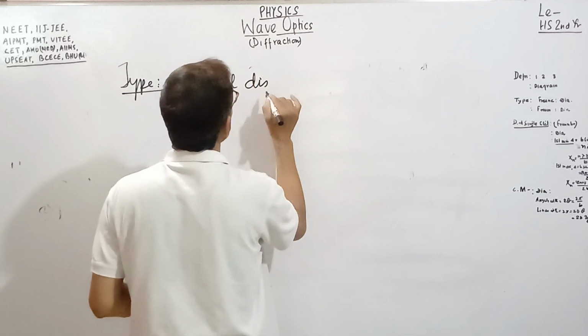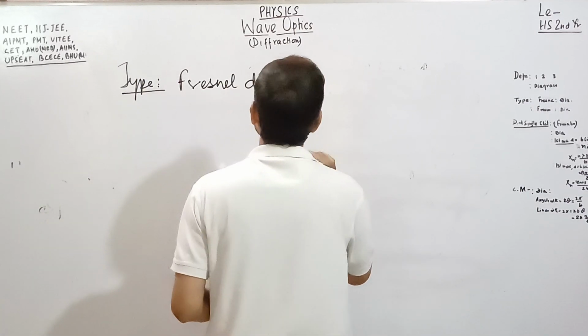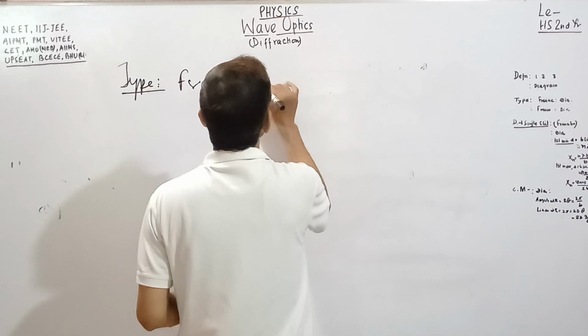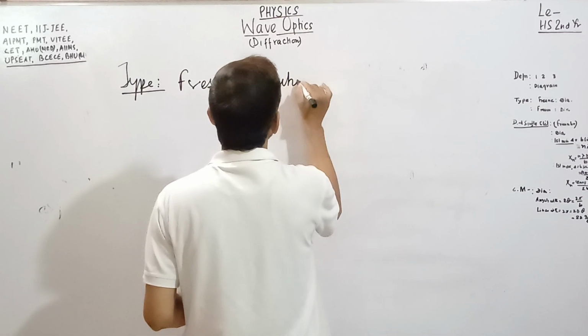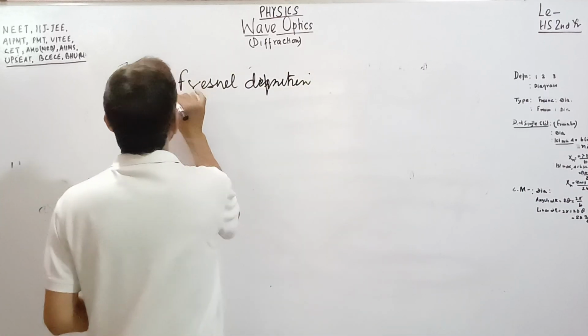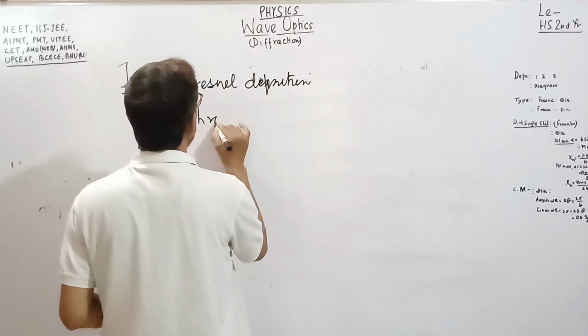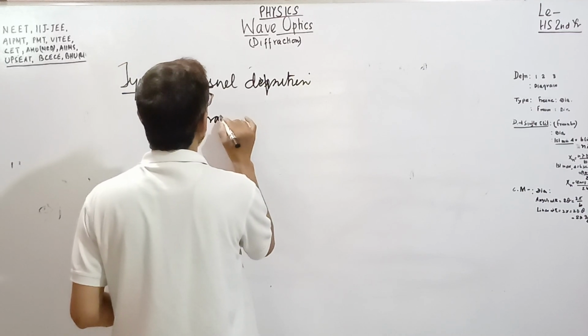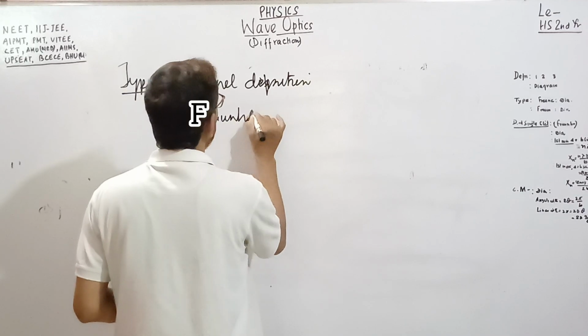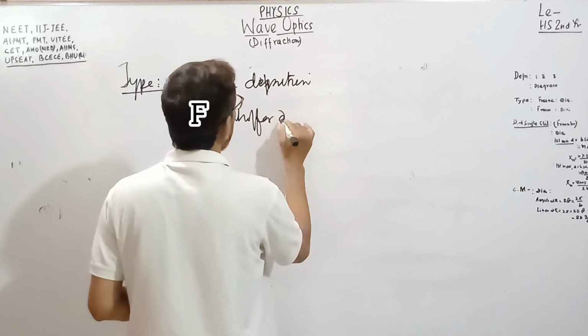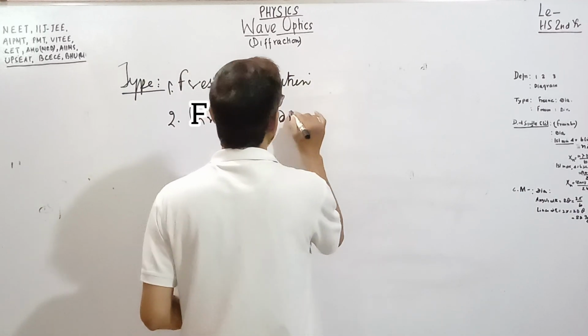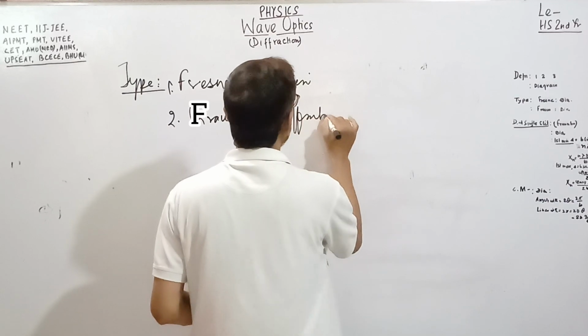There are two types: Fresnel diffraction, and another is Fraunhofer diffraction.